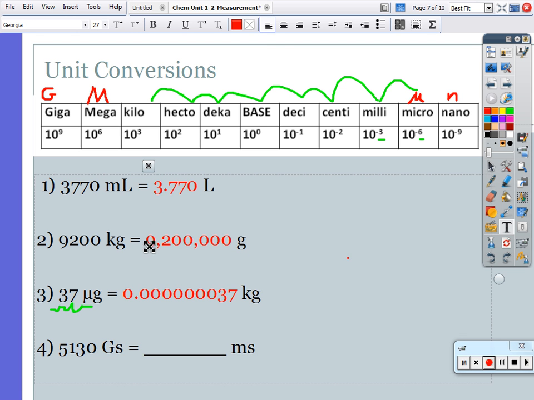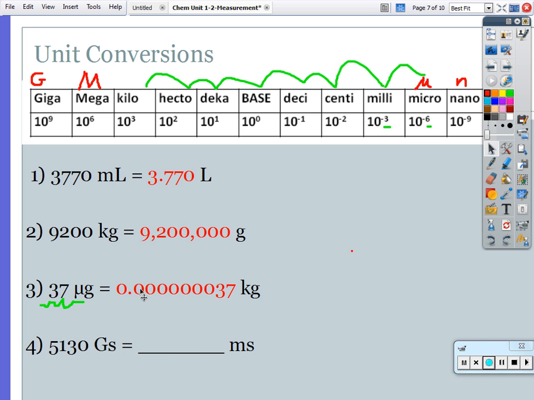Now, you don't have to put the 0 in front of the decimal, but you got to make sure you have 7 zeros and then the decimal. Alright? So that's one way you can jump.